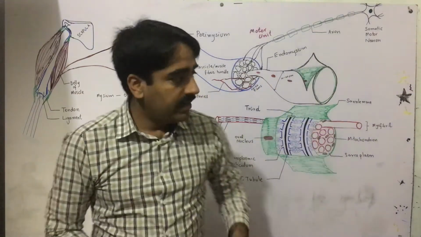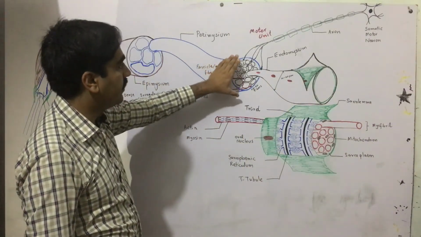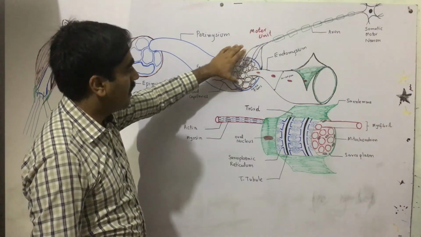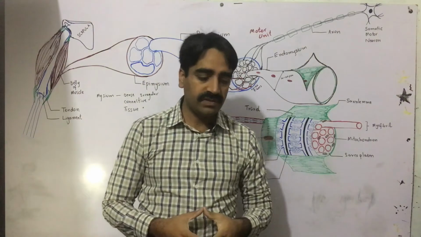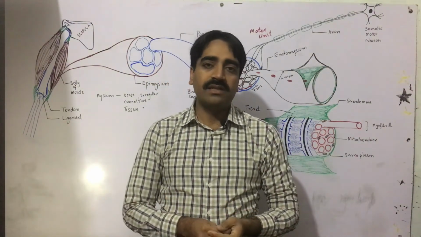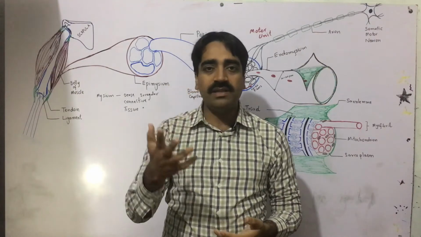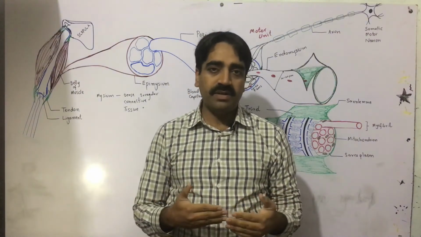Okay. Well, let's see about the fascicle. This is the muscle fiber bundle. I was talking about the motor unit. As you know, skeletal muscle is under voluntary control. We can change the speed depending on us.